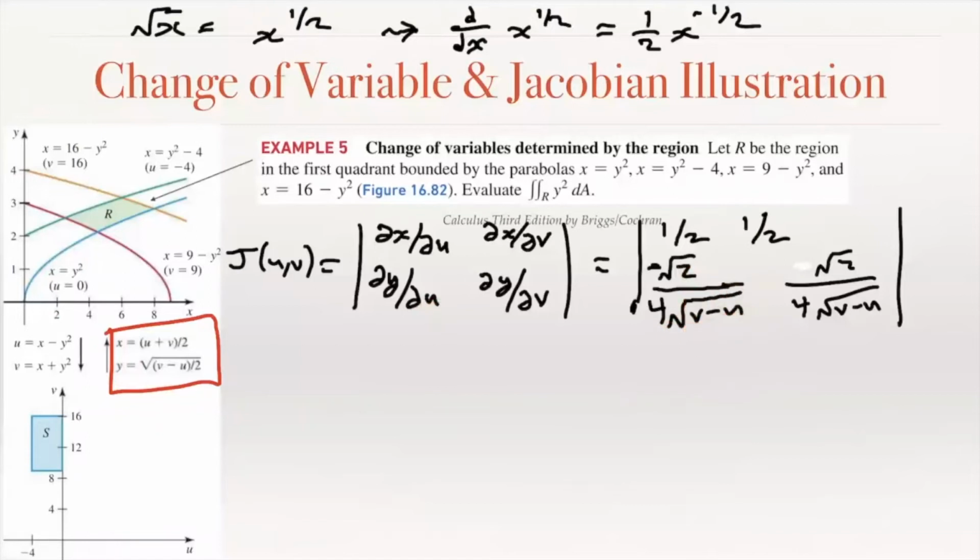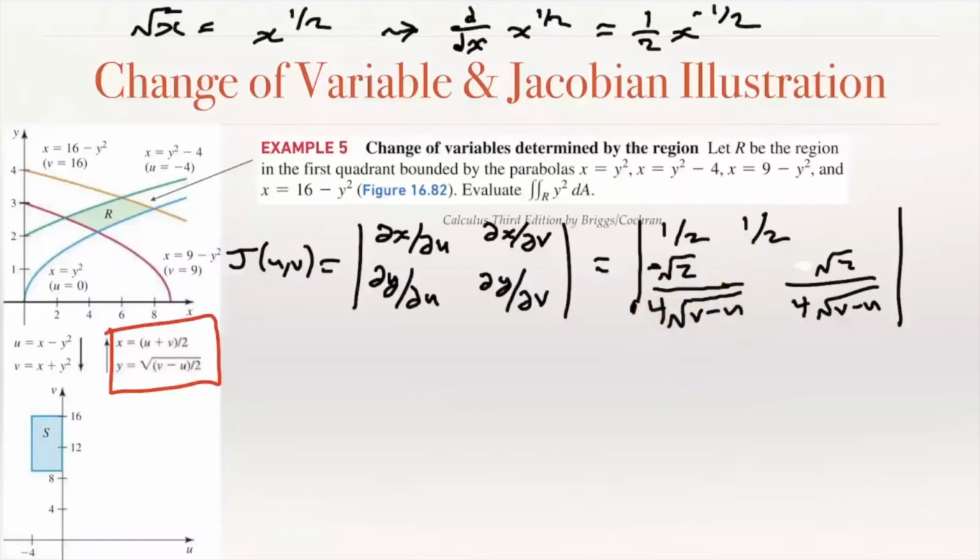Remember that whenever you have a square root and taking the derivative, square root of x is x to the 1/2, and then taking the derivative, you just pull down that 1/2 and decrease the exponent by 1. So it's the same thing here. I pull down this 1/2, and then to the power of −1/2, that means divided by the square root, and then chain rule, pull out the minus sign and the square root of 2, and we have that.